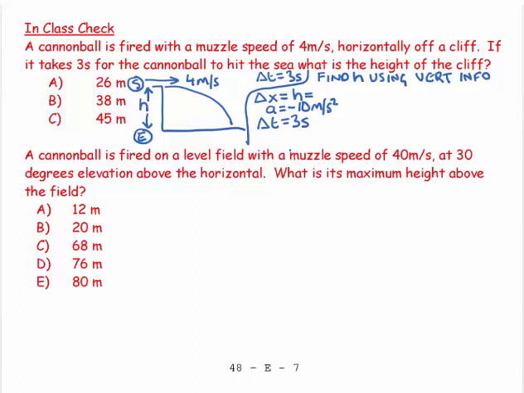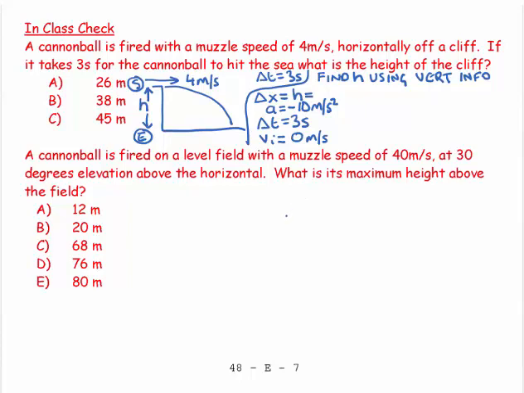I need one more thing. And I actually do know one more thing, but it's not perfectly obvious because it's never mentioned. And that is that my initial velocity is equal to 0 meters per second. It's not equal to 4 meters per second. That's the horizontal initial velocity.